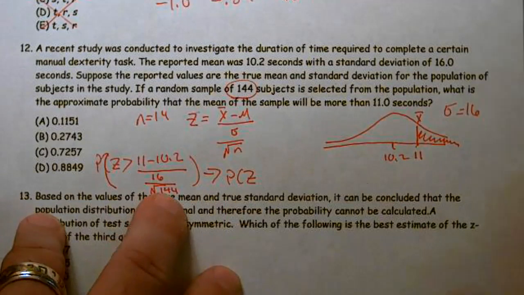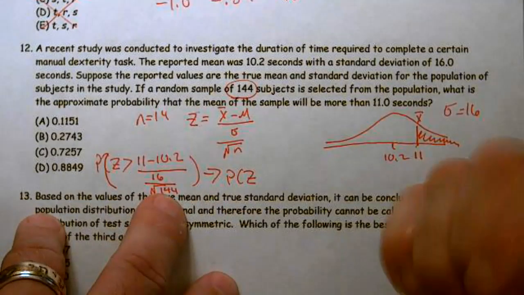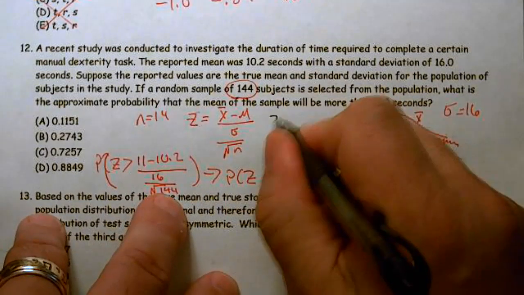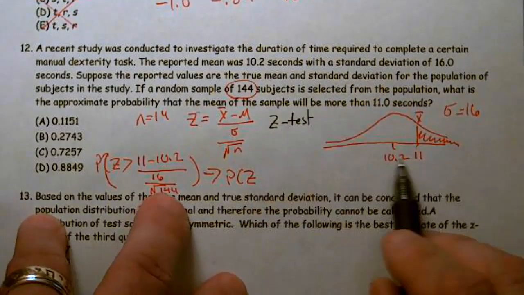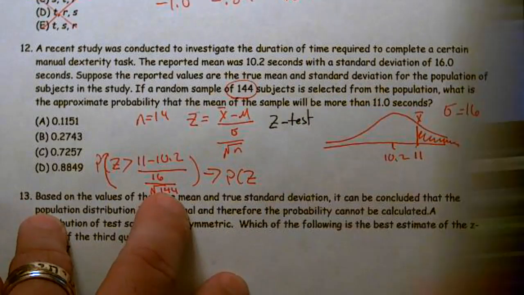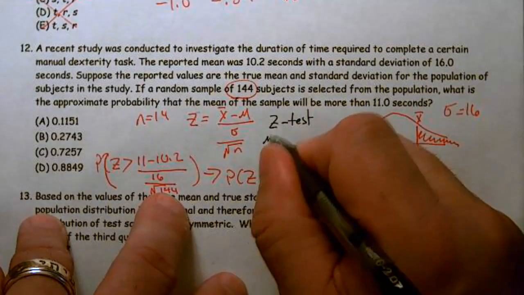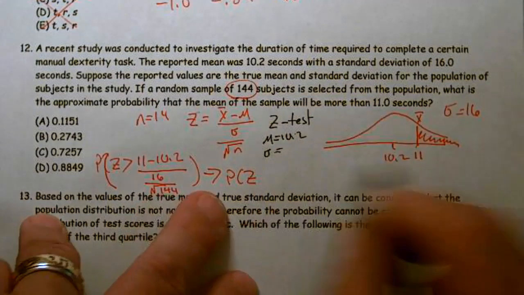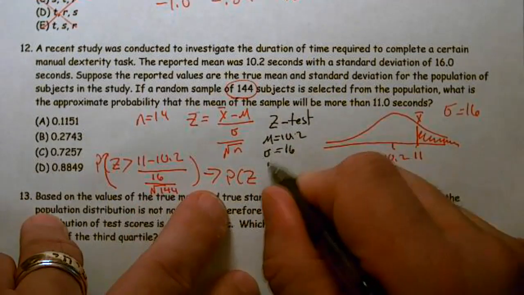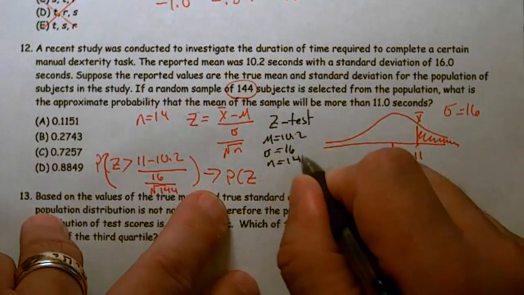This is where you want to go to Z-test. So you're going to want to use Z-test for this. And our mean is going to be 10.2. Standard deviation is going to be 16, N is 144.